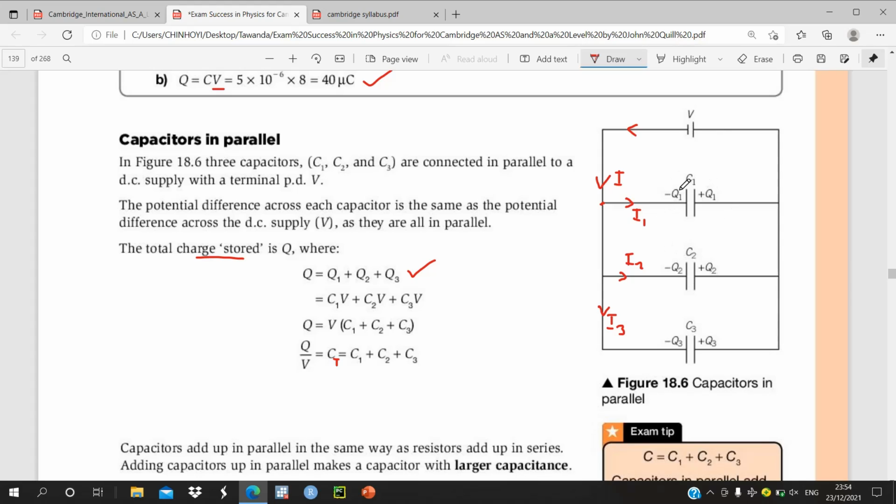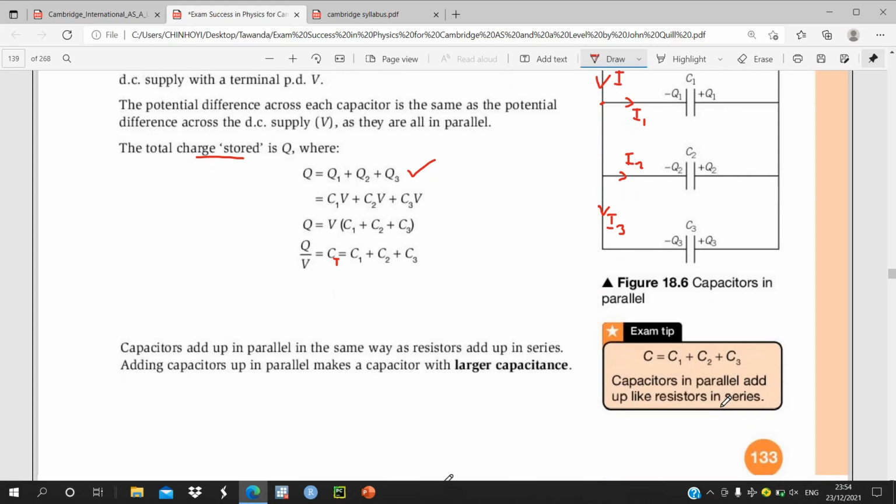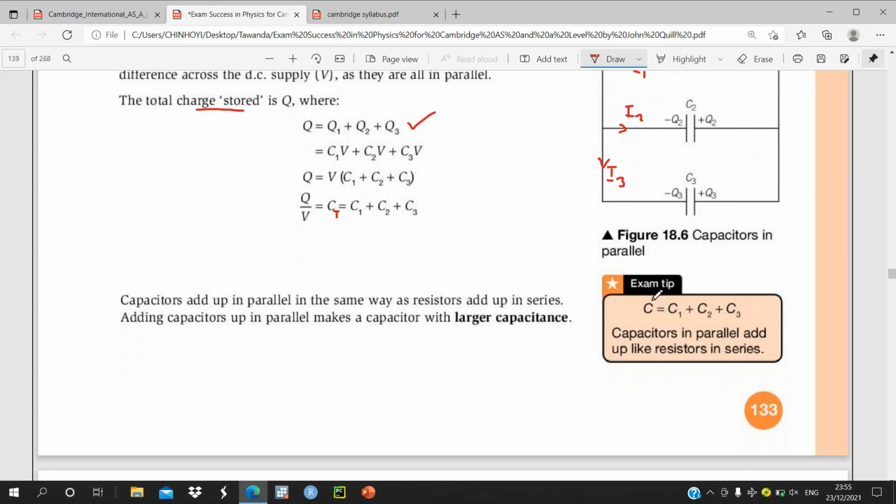So that is the combined effect of the capacitors in parallel, just add the capacitors. And remember, the way capacitors add up in parallel is the same way resistances add up in series. Remember, resistance in series, it's R1 plus R2. So adding up capacitors in parallel makes a capacitor with larger capacitance.